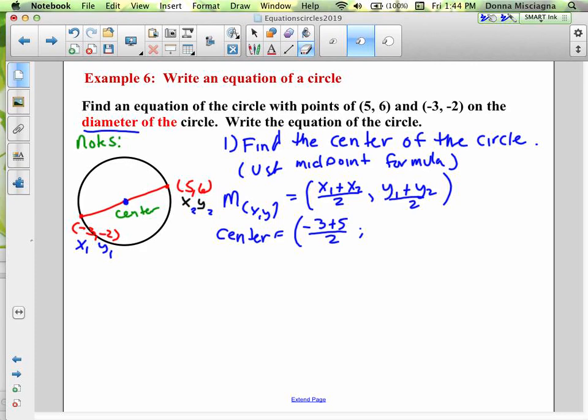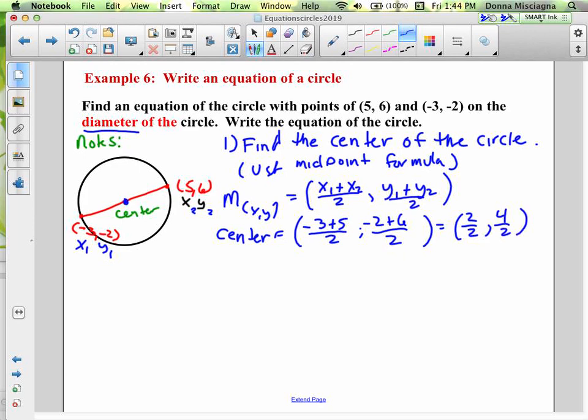And then it's just some simple math. So -3 plus 5 is going to be 2 over 2. And -2 plus 6 is 4, so that's 4 over 2. And that'll just reduce. So our center is the point (1, 2).